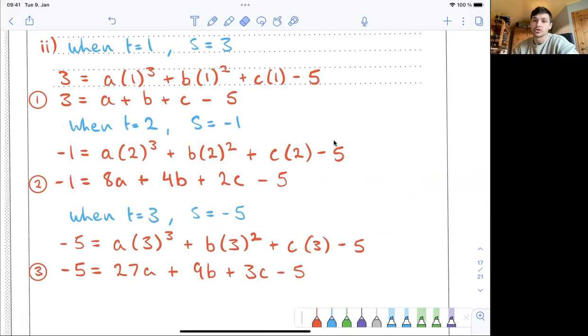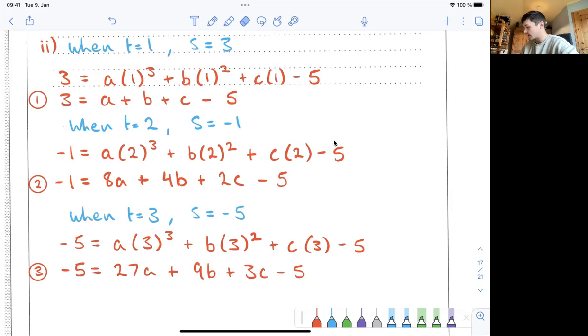If you are unsure of how to do that in your particular calculator, just Google the model of your GDC, followed by systems of linear equations or how to solve simultaneous equations with three variables, and there should be a YouTube tutorial or a little manual that will run you through how to do it with your specific model.